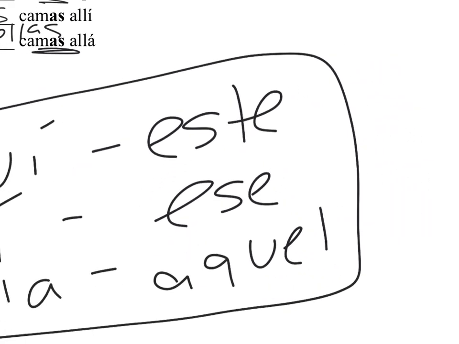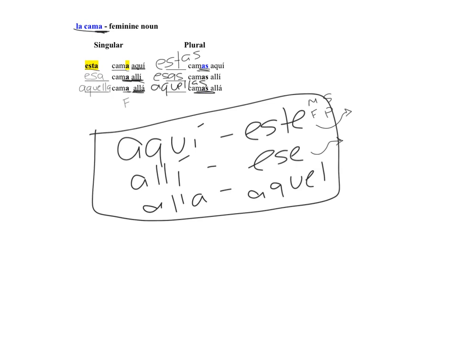So este can be masculine, feminine, singular, plural. And then you have three more types. So I always say este aquí, ese allí, aquel allá. This one here, that one there, that one all the way over there. Aquí, ahí, allá.